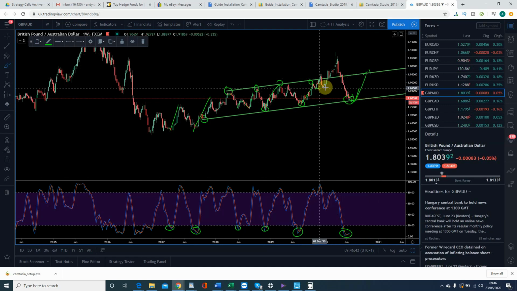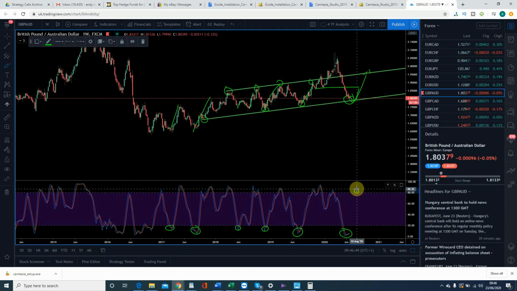You could use this as a potential target, or simply put, you can wait for our stochastic RSI to be in the overbought section, and then you can stop buying it.